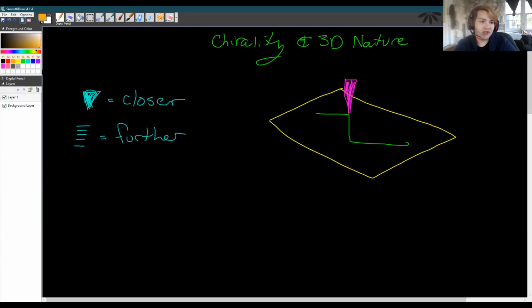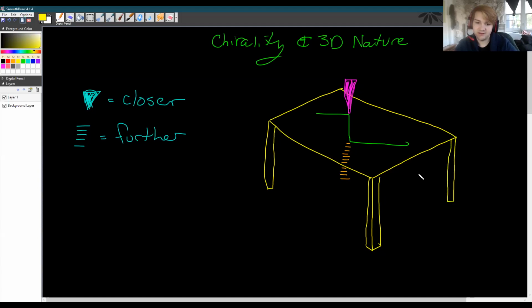Versus what a dash bond would be, like it's coming down and through the table. So here's some nice legs to our table. Good old legs. And so our dash bond is below the table, kicking you in the feet.